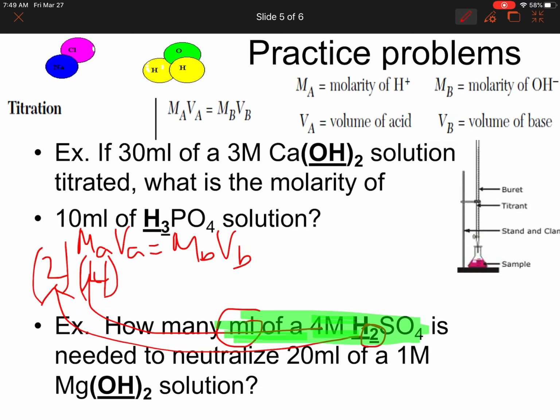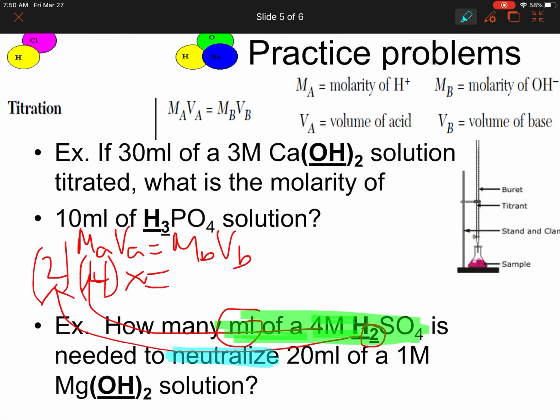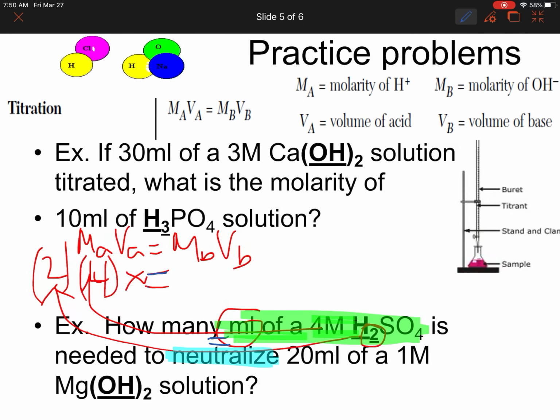It says how many milliliters? Do we know? No. That's X. Need to neutralize it. Oh, we said when you see the word neutralize, it means equal sign. So that's our equal sign. That's right there, the equal sign, guys. That means every other set of numbers goes on the other side.